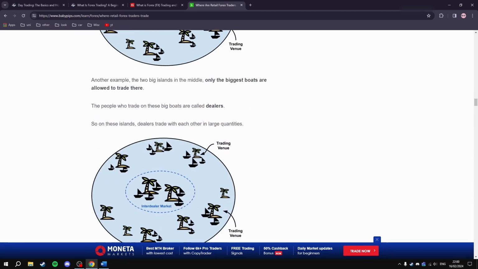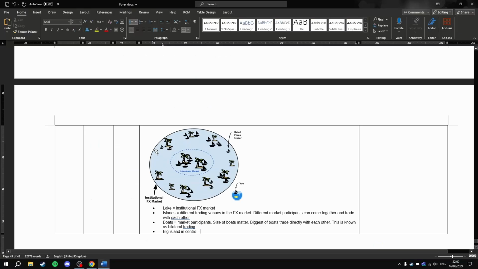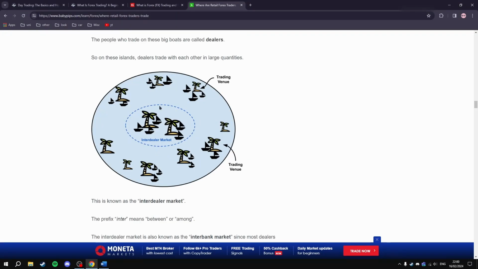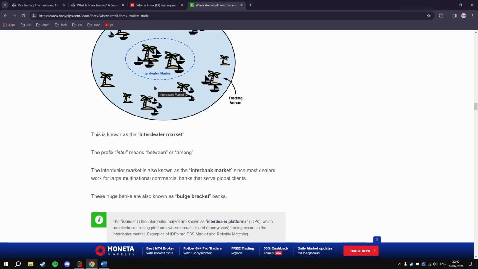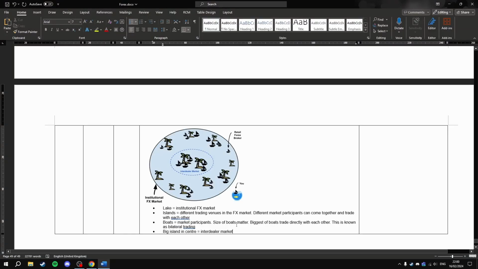Dealers trade with each other in large quantities, known as the interdealer market. This is the interbank market, let's call it.